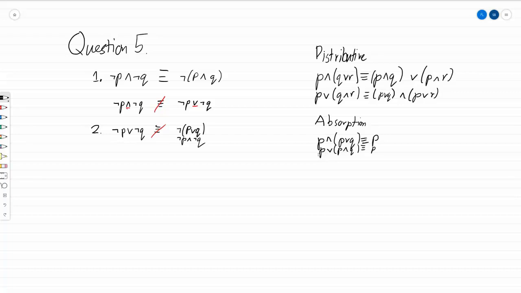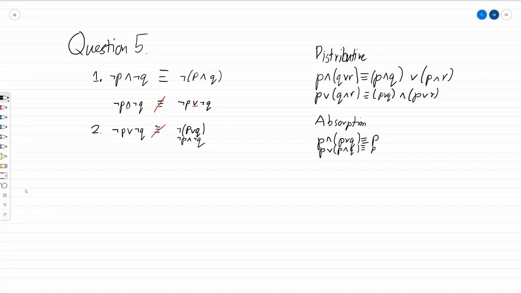And if P is false, well then that's also going to be false because we have the false on the and there. If P is false, we rely on the and because this won't be taking the true from the or. And then false inside here, this and doesn't matter what Q is, will also be false. So P or P and Q is going to be the exact same thing. So P or P and Q is equivalent to P.